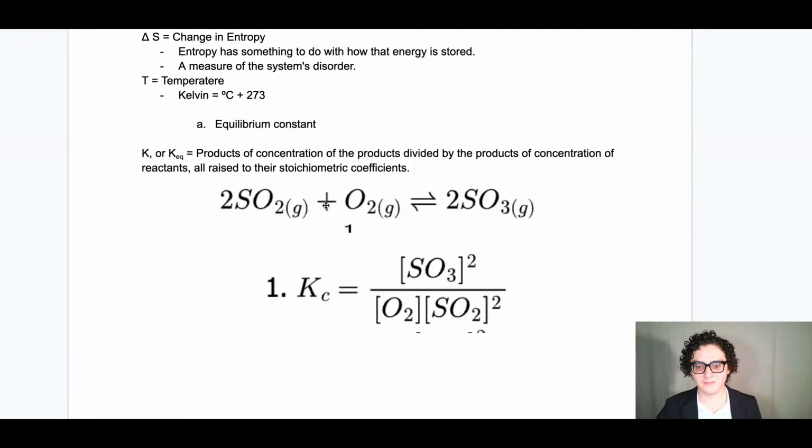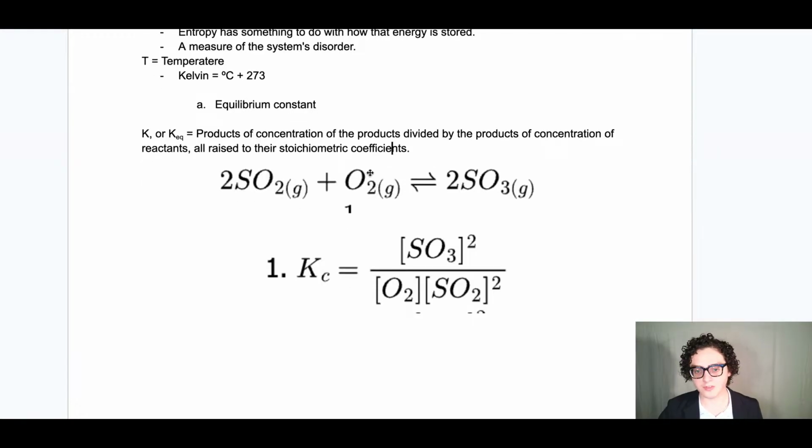It's balanced, and you balance it using stoichiometric coefficients. So this value called KEQ, or Kc for concentration, or just K, is equal to the products divided by the reactants, all raised to their stoichiometric coefficients and all multiplied by each other for the respective sides of the chemical reaction.